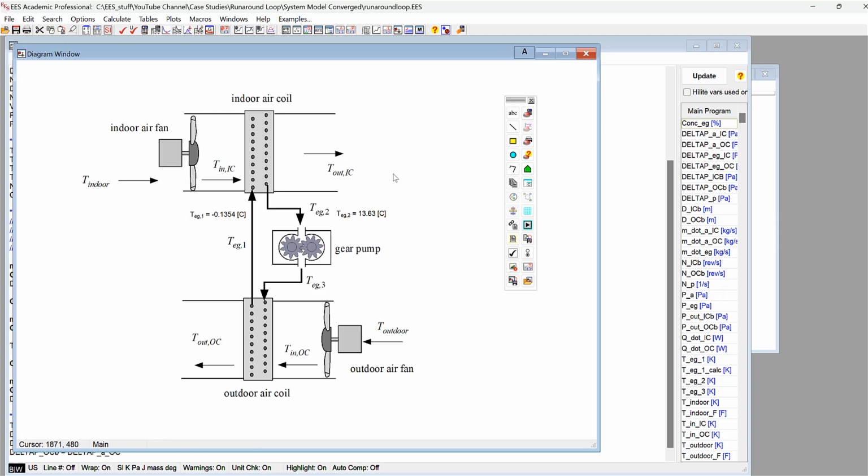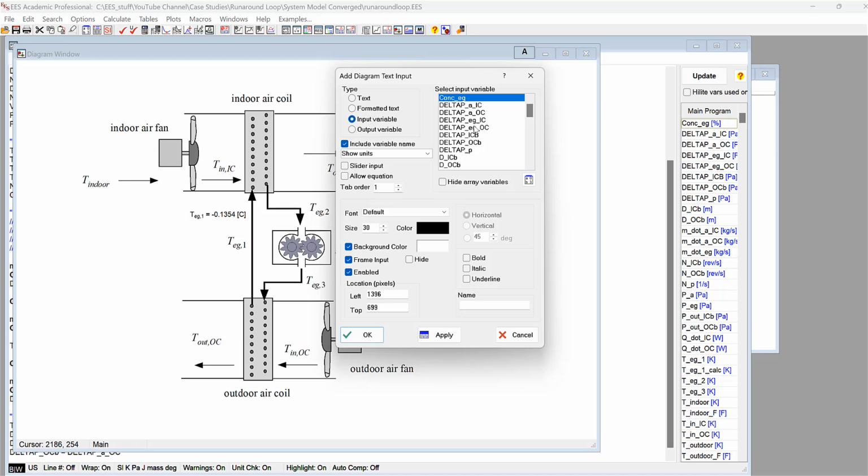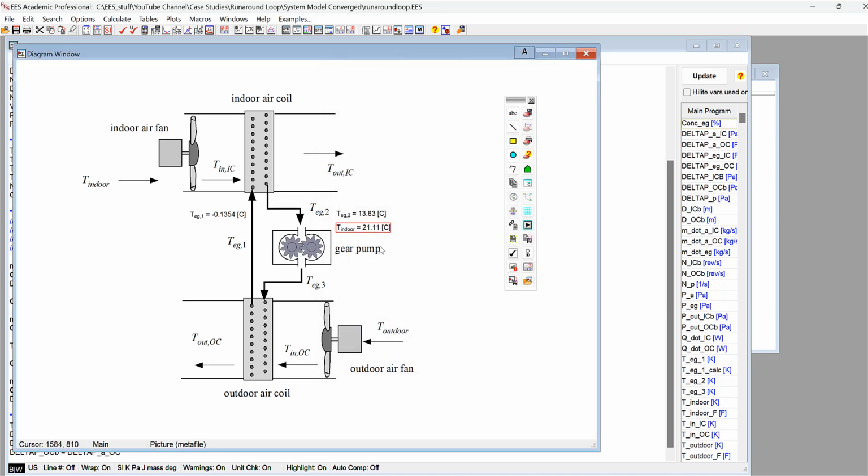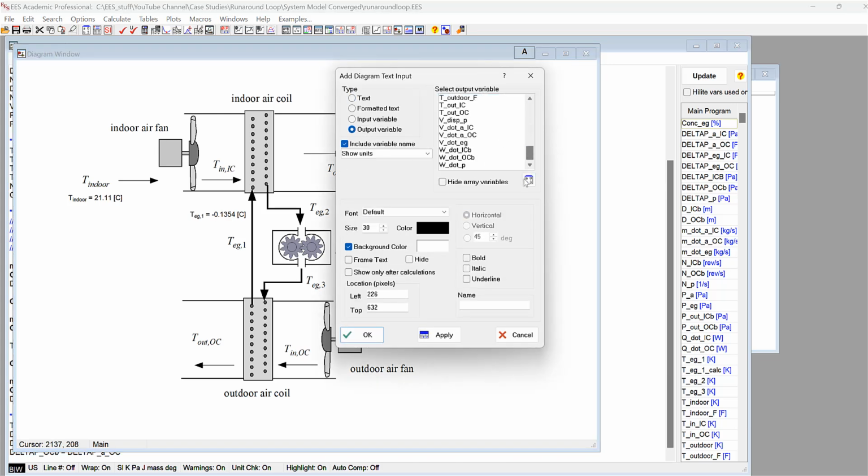And then I could also do the same thing with these other parameters. So I'm going to put the indoor air temperature, this is an output, T indoor in alternate units, 21 degrees, and then finally T outdoor. Also in alternate units.